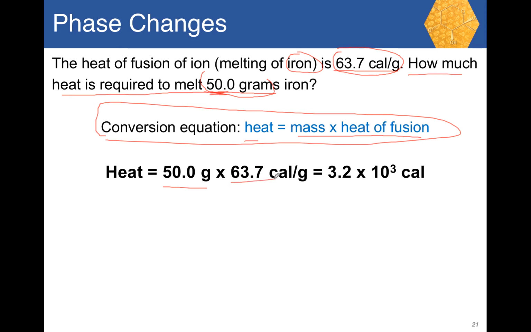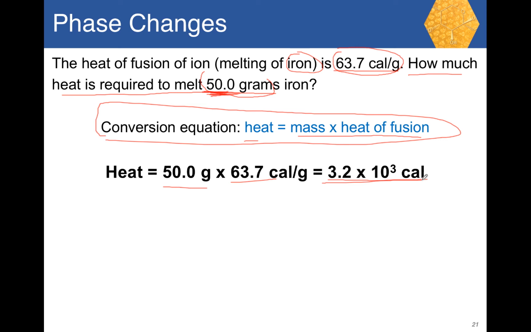Substitute that value here, do the multiplication, and you end up with 3.2 times 10 to the third calories, or 3.2 kilocalories. So, conclusion, if you have 50 grams of iron, it will take 3.2 kilocalories to melt that 50 grams of iron, of course, at the melting point of iron.